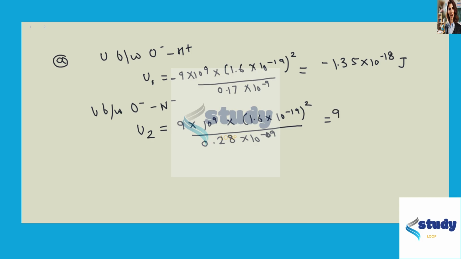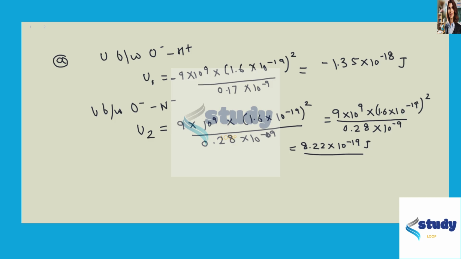Let me write it again so as not to confuse it. This gives us 8.22 times 10 to the power minus 19 joule. So we have these two values now.